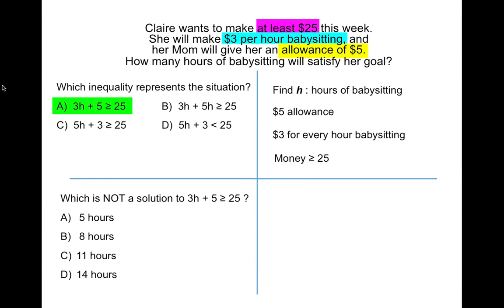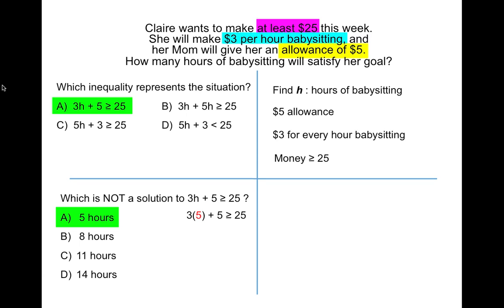Let's explore what kind of values will work for this inequality. Which number of hours will not work, is not a solution? The only unacceptable number of hours in the list is 5 hours.